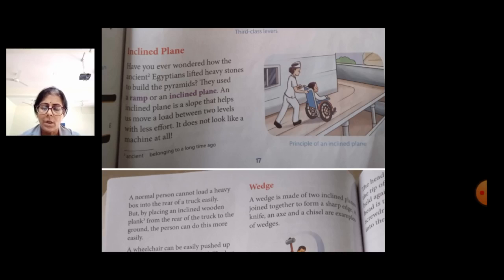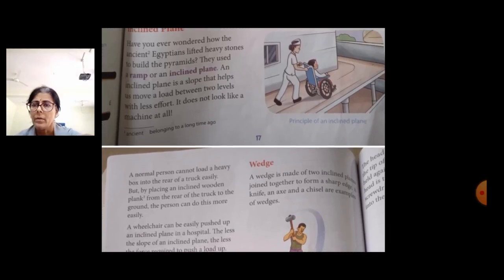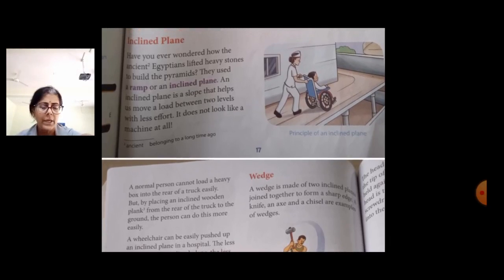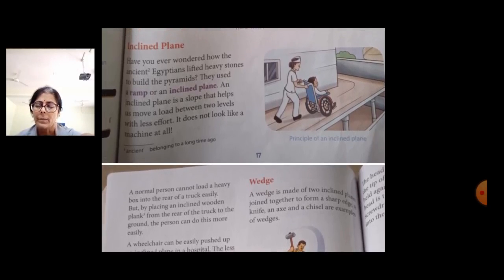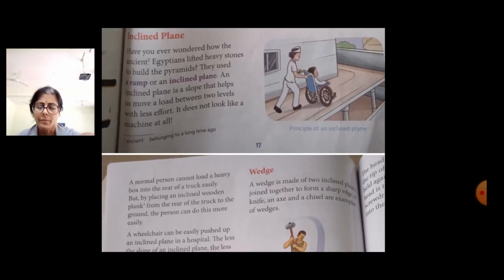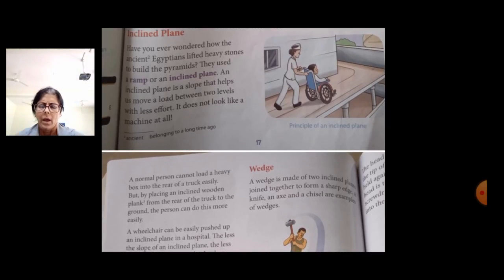They used a ramp or an inclined plane, right? Here you can see the picture of an inclined plane. An inclined plane is a slope that helps us move a load between two levels with less effort.